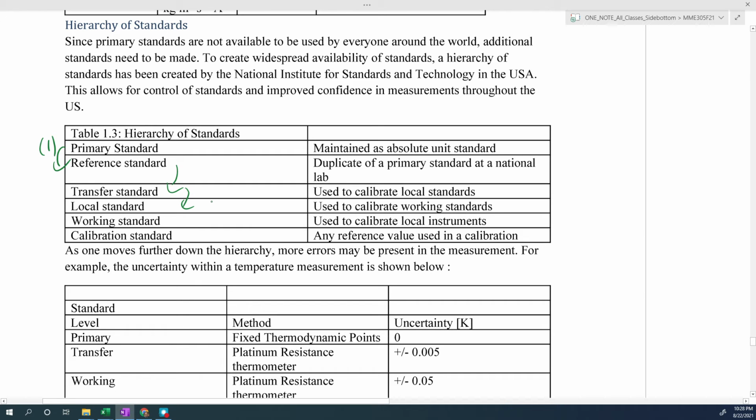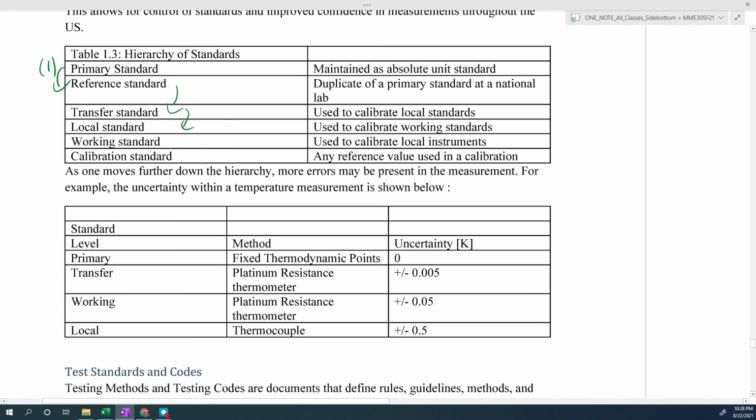So with each additional step or separation from the primary standard, additional errors are put into the system. So for example, if you have a primary standard, for example, like a fixed thermodynamic point, like the melting temperature at a given pressure of a substance.